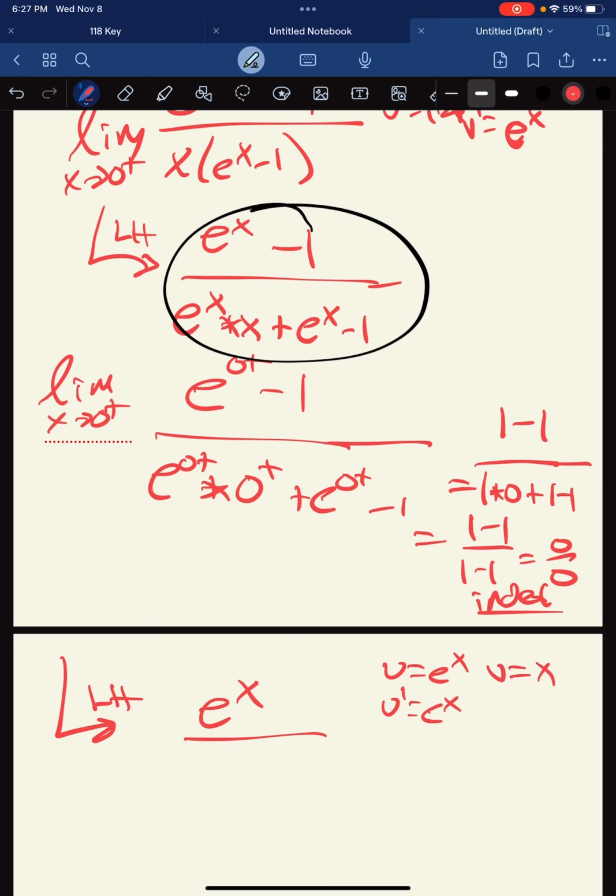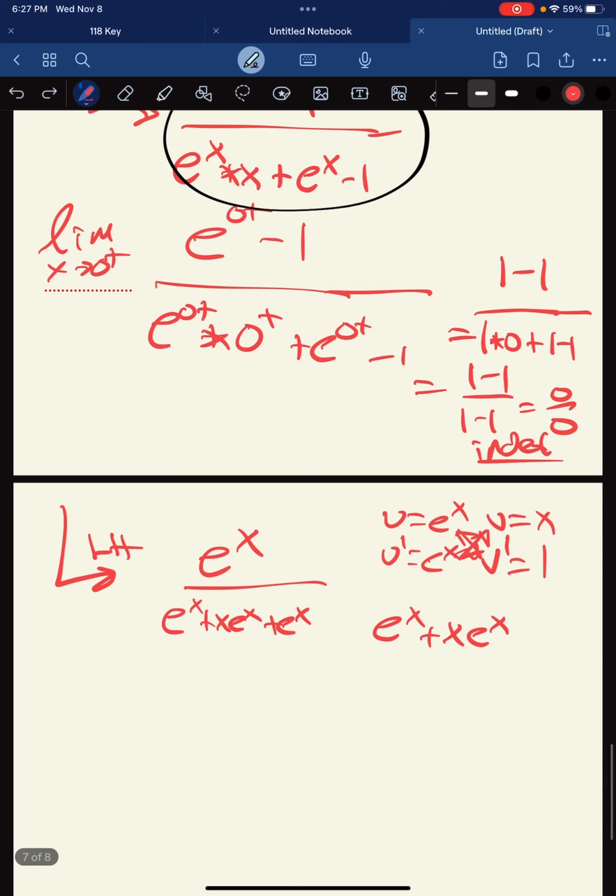Our second term is going to be x. Derivative of that is going to be 1. We go across: e to the x plus x e to the x. And then we take the derivative of e to the x, which is just e to the x, and then the derivative of negative 1 is 0.